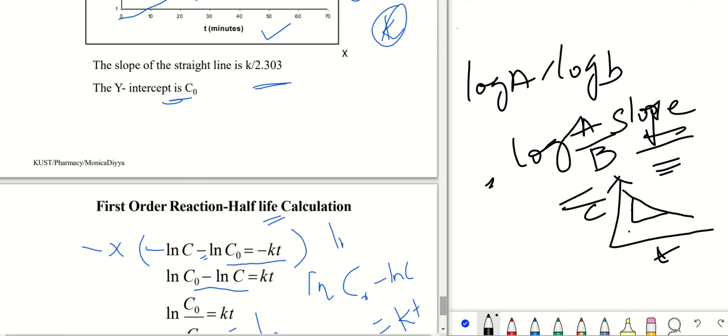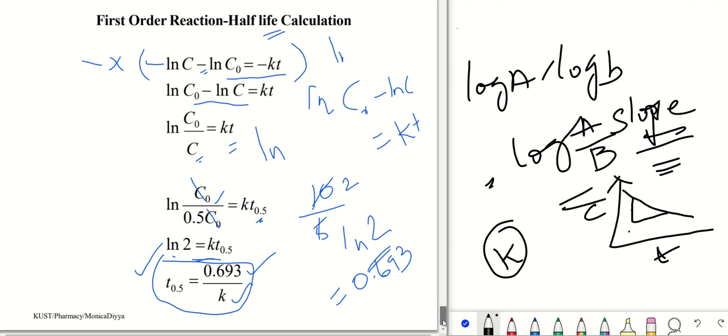So from this graph we will be getting k. Now that k value, if we incorporate it in this equation, we'll get to know t half. So in order to know the half-life, we first need to have that graphical plot. It's as simple as that. This is how we will be calculating the half-life for the first order reaction.